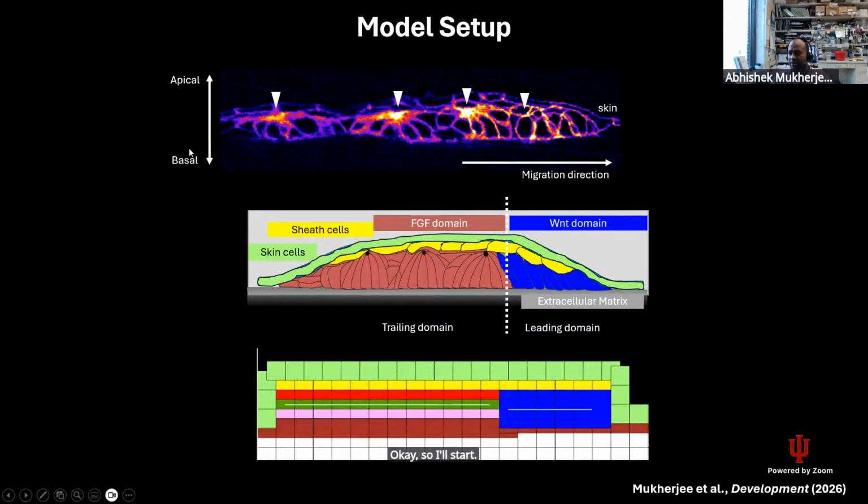As Ajay already introduced, this is a side view of the model system that we work on, the posterior lateral line primordium, and it is migrating as per convention to the right. As you can see in this image, there is a skin on top. What you cannot see is that there is also a thin layer of ECM at the base of the primordium, and below it there are muscle cells, a large muscle layer.